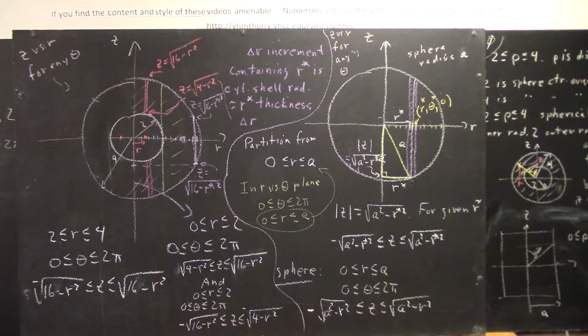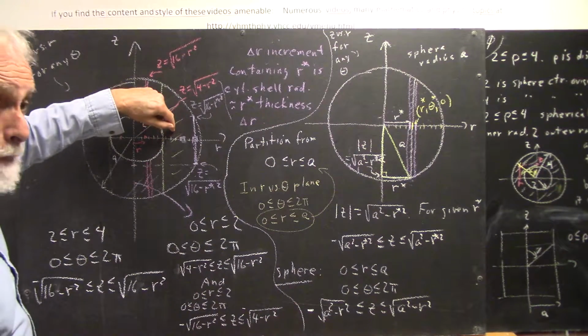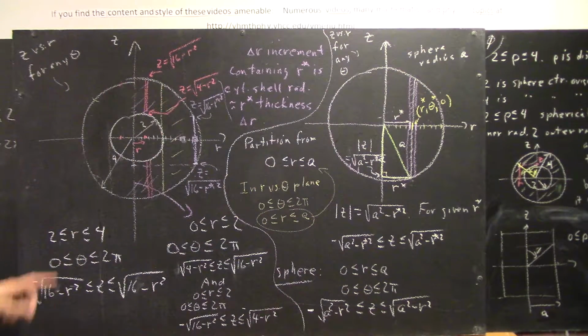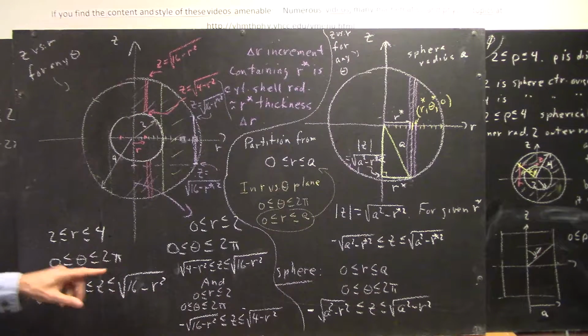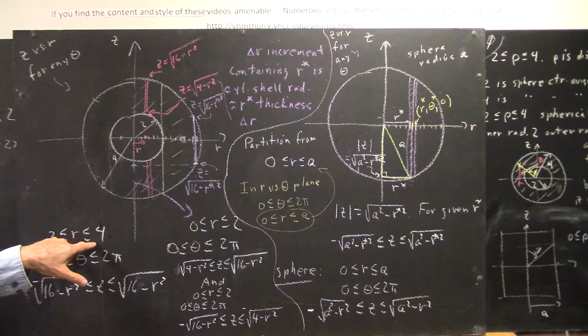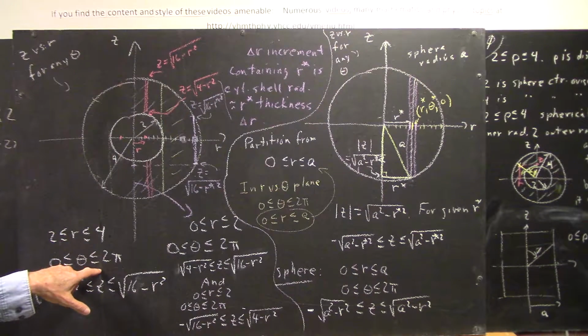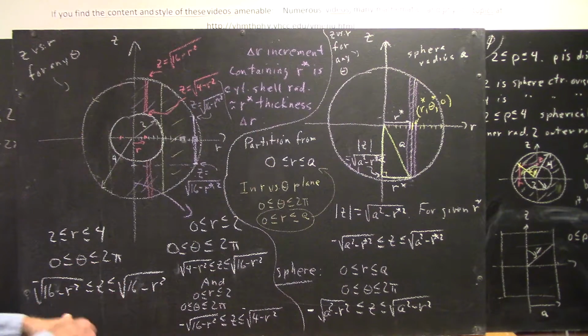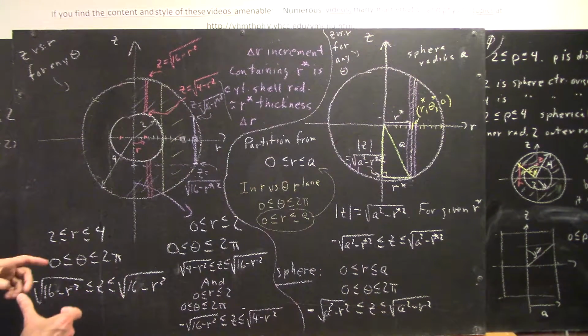But the bottom line is that it's the interval from r equals 2 to 4 that's being partitioned, and theta goes from 0 to 2 pi. And if we rotate this interval of the partition around the z-axis from angle theta equals 0 to theta 2 pi, we get the entire cylindrical shell in this case.